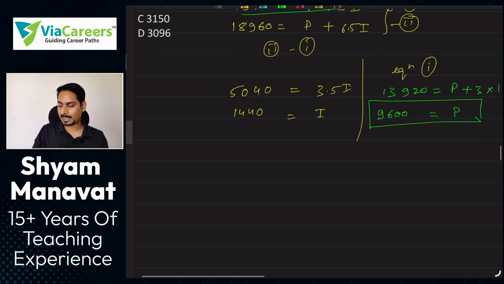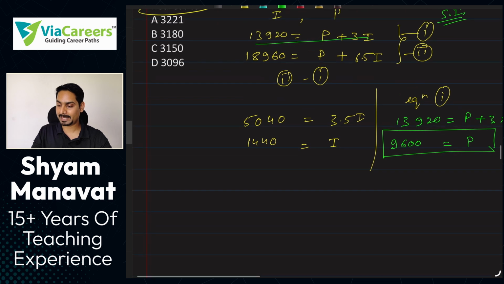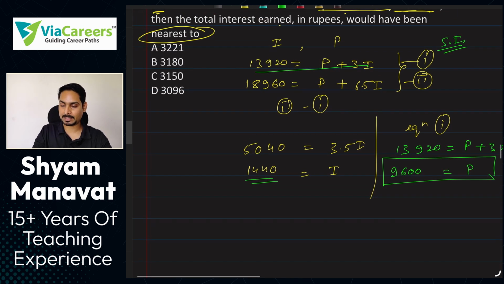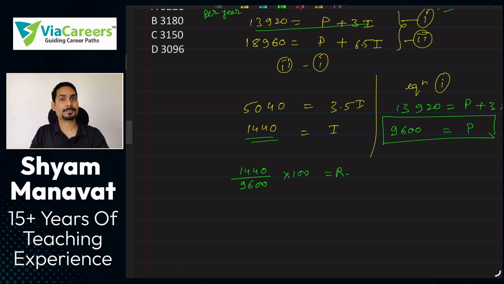Now, after this, can we also find out the rate of interest? Yes, we can. This I we assumed as the interest per year, that means this is interest for 1 year. Now, 1440 is what percent of 9600? If you simplify this, you will get the rate of interest. It is common sense, and the formula also says the same.